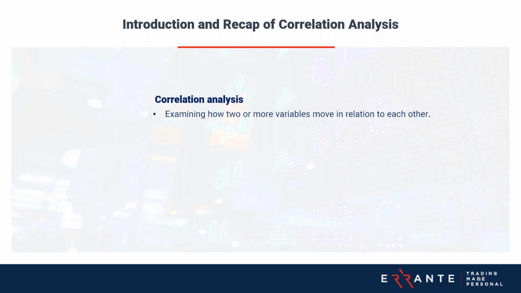So why is this important for us? Well, recognizing these interdependencies helps us in several ways. First, it's very good for risk management, because by knowing which assets move together or inversely, we can diversify our portfolios more effectively and also mitigate risks.